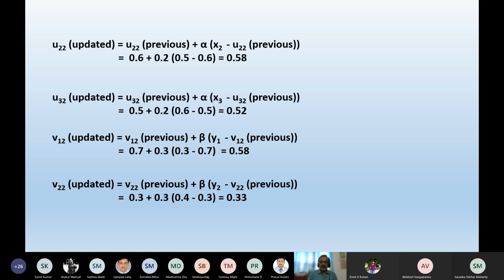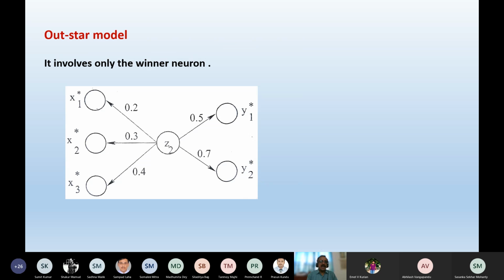Substitute the numerical values, you will get 0.58. Then u32 updated is u32 previous plus alpha into (x3 minus u32 previous). Substitute the numerical values, this will become equal to 0.52. Similarly, we can also find the updated values for v12 and v22. And once you have got the updated values, now we can concentrate on the out-star model.